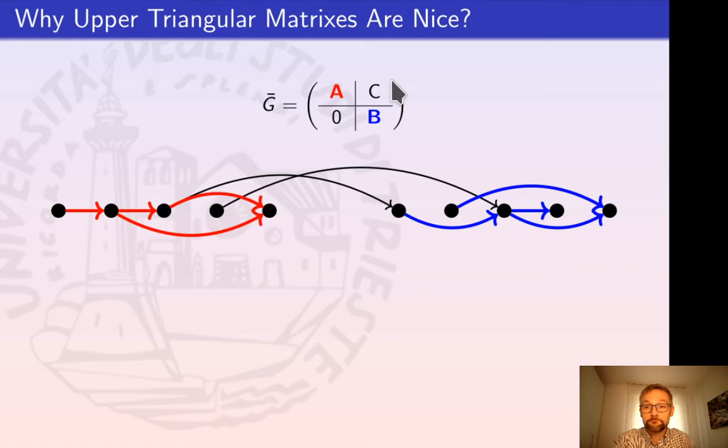So again, B exclusively represents edges moving from the last nodes to the last nodes in the topological sort.